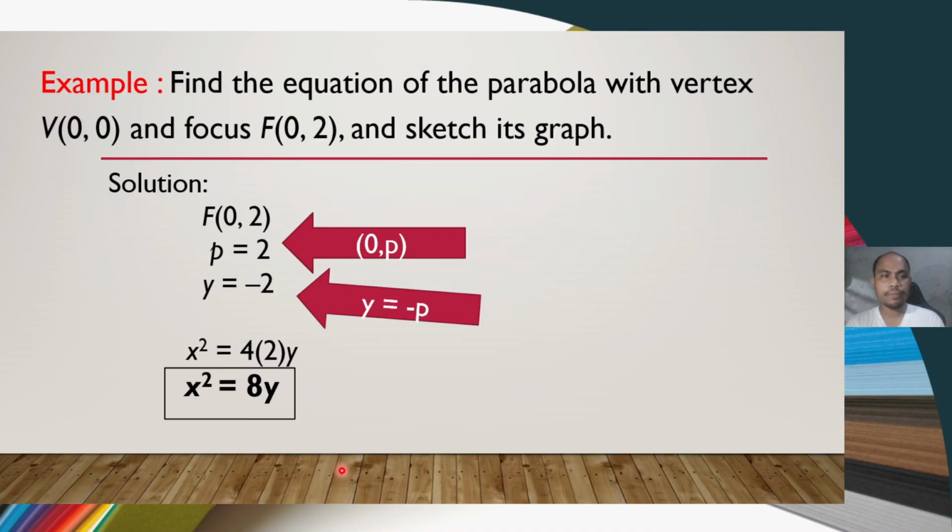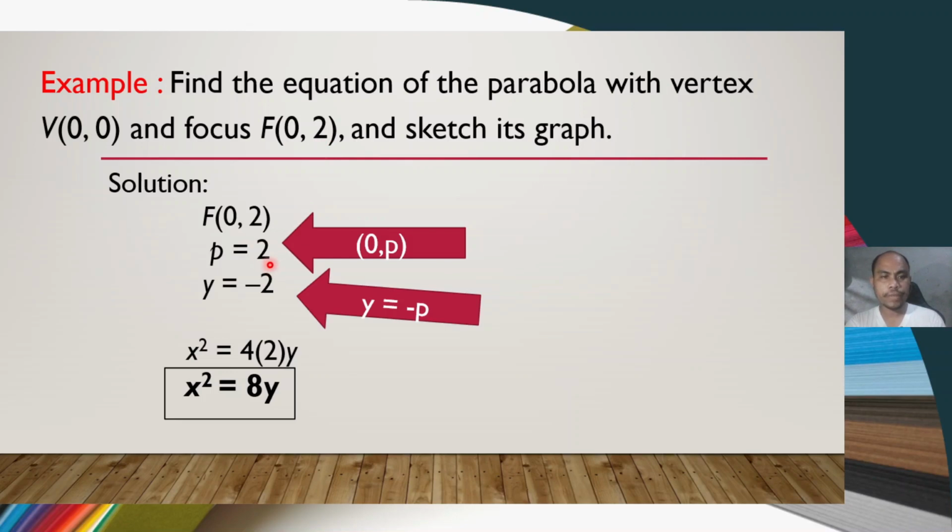Okay, moving on. Example, find the equation of the parabola with vertex 0, 0 and focus 0, 2 and sketch its graph. Now, the solution is, of course, meron na tayong given na 0, 2. Remember that in our property, 0 and p ito, di ba? So, meaning to say, the value of p is automatically equals to 2.